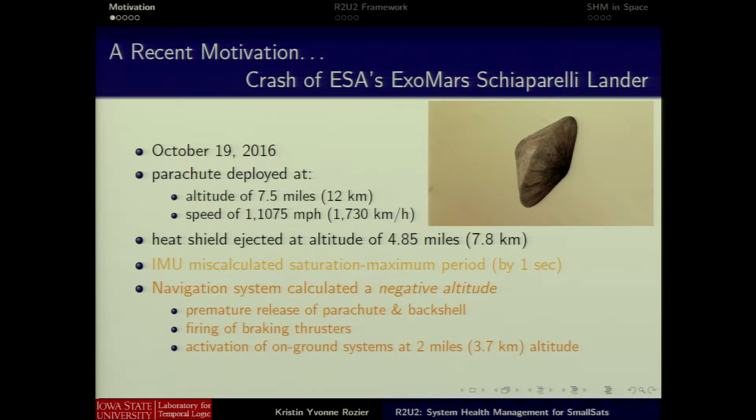Specifically, we had the premature release of the parachute and the back shell. We had the firing of the braking thrusters and activation of on-ground systems when the lander was not in fact on the ground, but was 2 miles above the surface. And of course, all of these bad things led to the ultimate bad thing of the crash at 185 miles per hour, which is not something that you can mitigate and recover from, right?